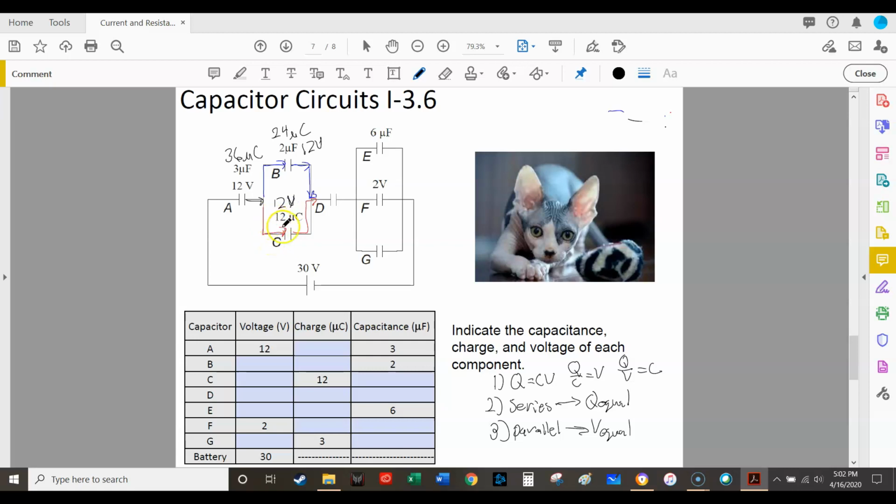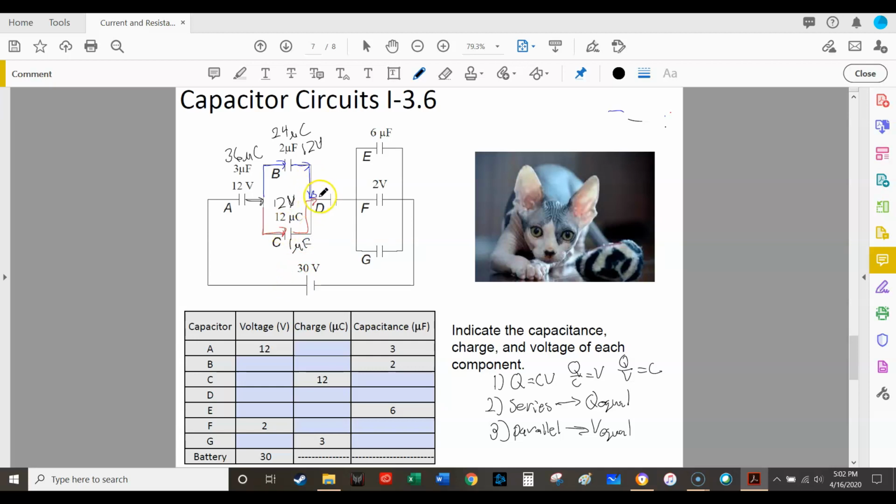And now we know that we have charge, which is 12 microcoulombs divided by 12 volts. Well, that is going to be the capacitance, which is going to be 1 microfarad. Okay?